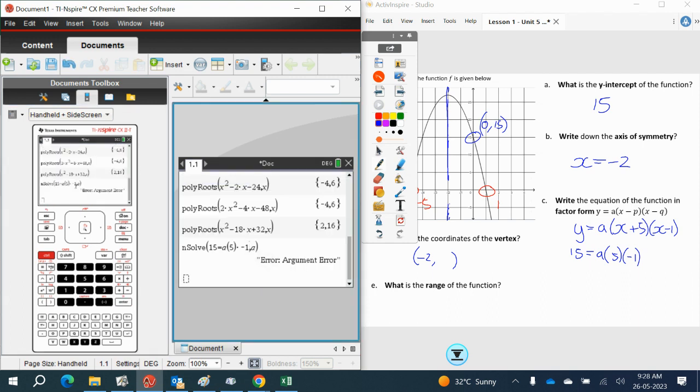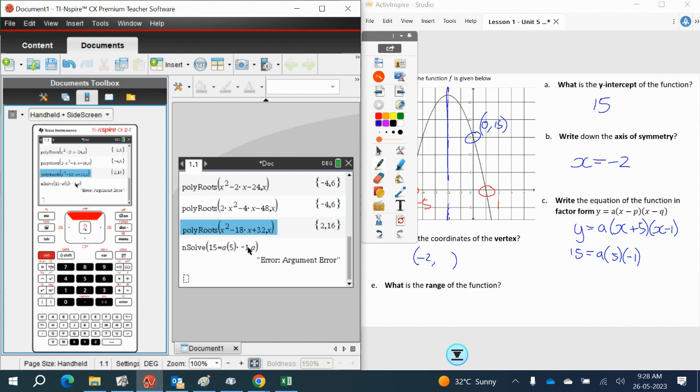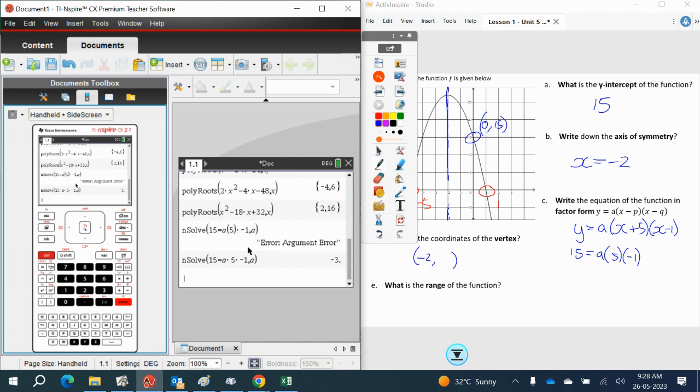Oops, missed an equals. I'm going to put a multiplication symbol here. I think it's being sensitive about that, and then it takes the brackets away once it knows how to process it.